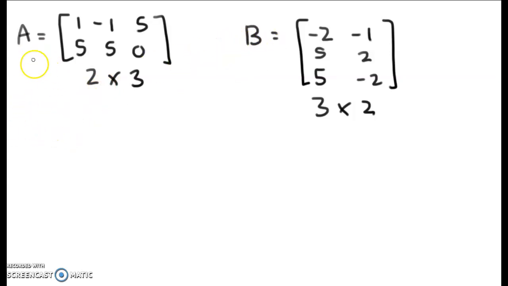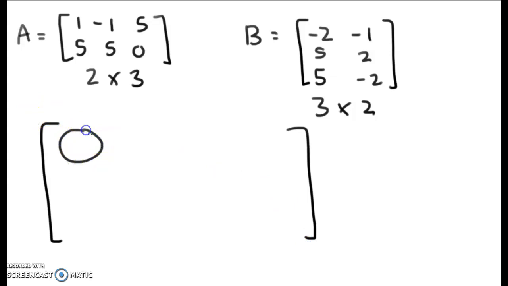So to start multiplying, let's find our first term in our 2 by 2 matrix, which is the top left. And to do that, what we do is multiply the first row of matrix A by the first column of matrix B. We're essentially going to be taking the dot products of these. So let's see.